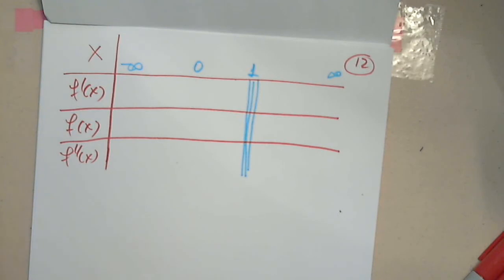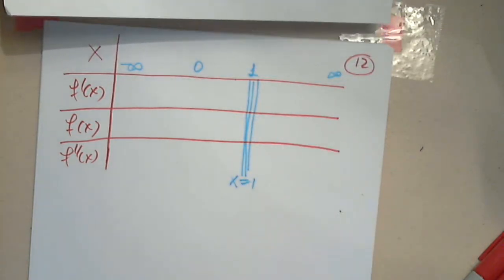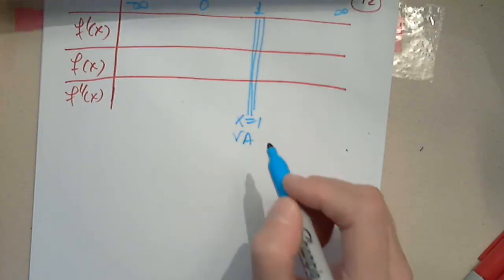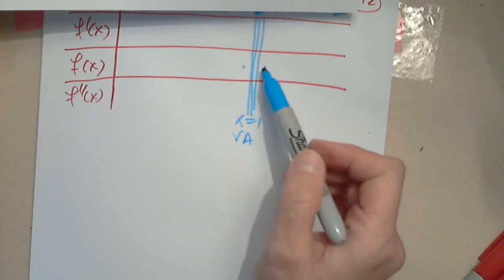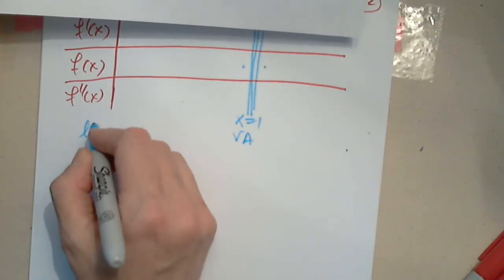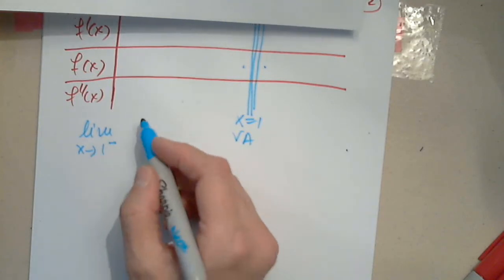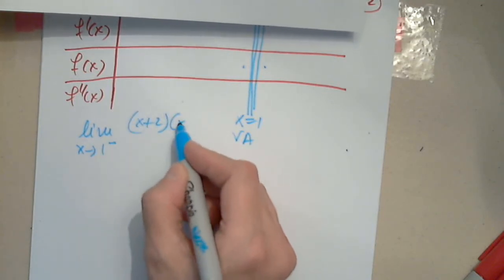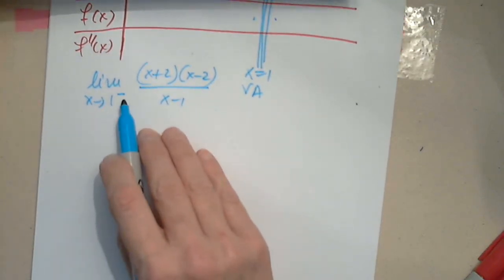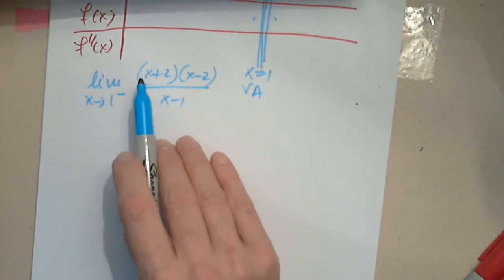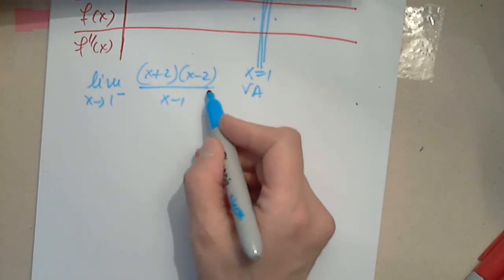Okay. So my next step would be to identify the fact that this is a vertical asymptote and find the limits left and right immediately. Once I say this, I have to find the limits. So limit as x approaches 1 from the left, of (x plus 2)(x minus 2) over x minus 1. 1 from the left is 0.9, positive, negative, negative, so infinity.